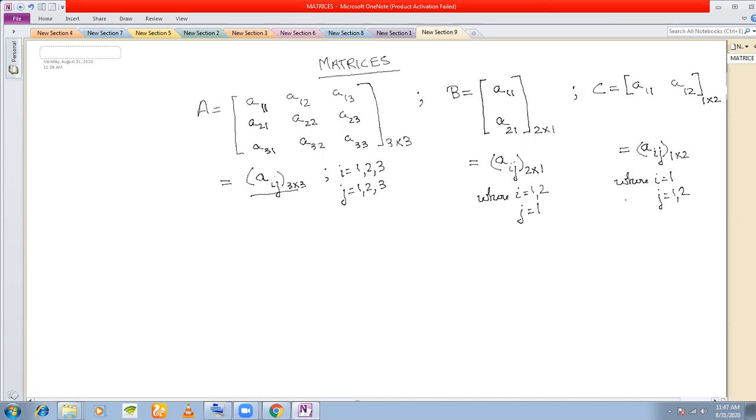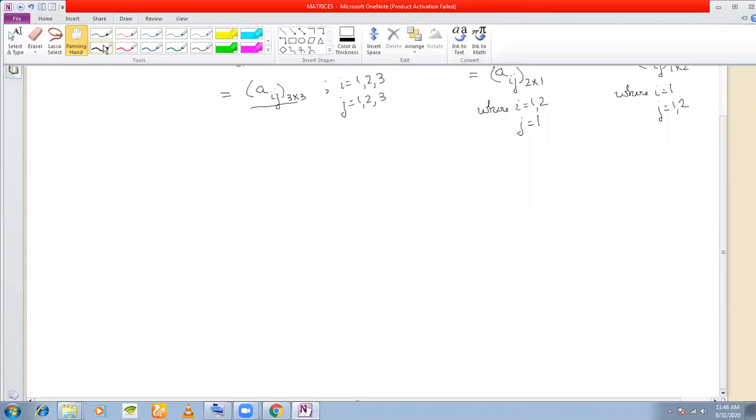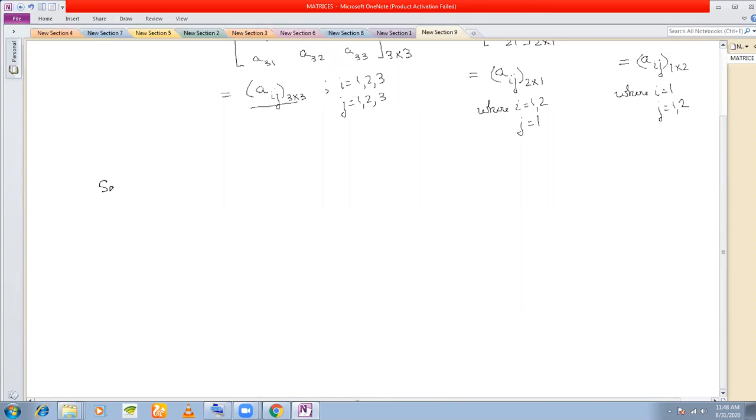Now square matrix, first definition is that of square matrix. So you can write down the definition of square matrix.